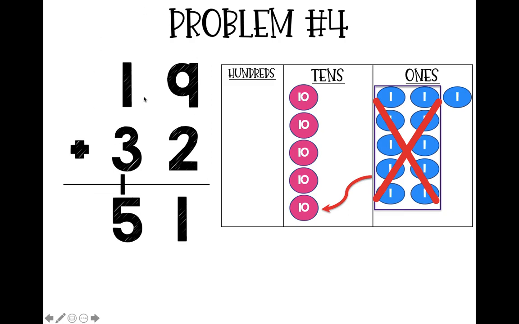If we double check our problem, we see that our vertical form matches our place value chart. We have 5 tens, 1, 2, 3, 4, 5, and 1 one. Let's read our solved problem together. 19 plus 32 equals 51.